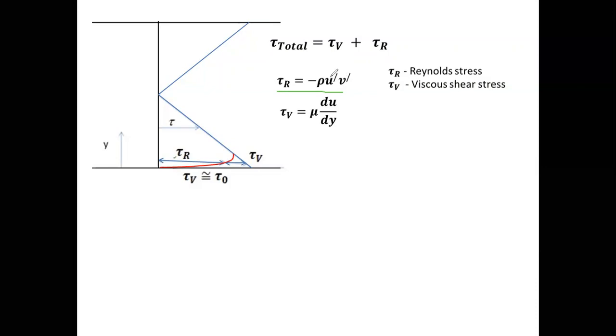That is the fluctuation in the x direction or flow direction. This v dash is for the other direction, because it can fluctuate in the radial direction too, right? Then we know the viscous shear stress from the viscous shear law, tau v equals mu times du by dy.